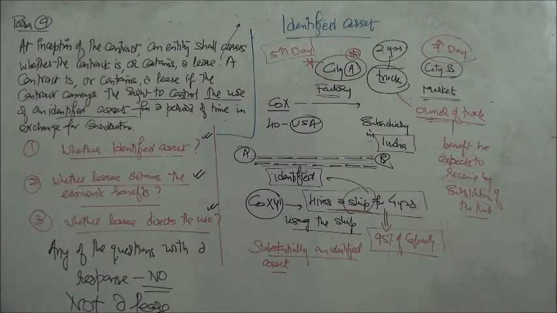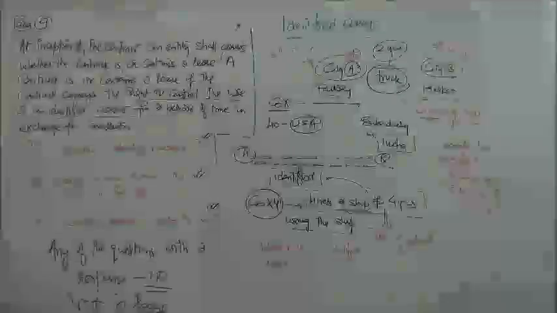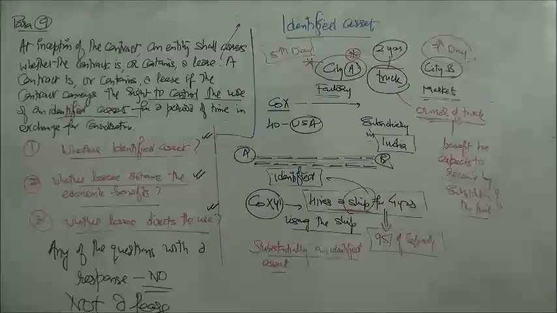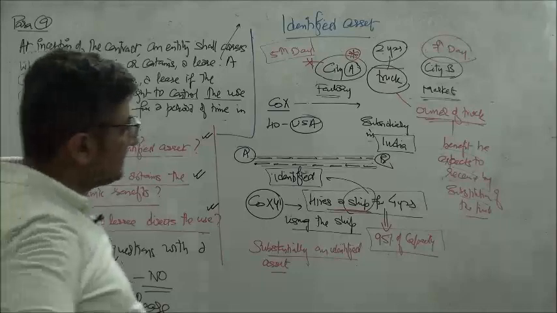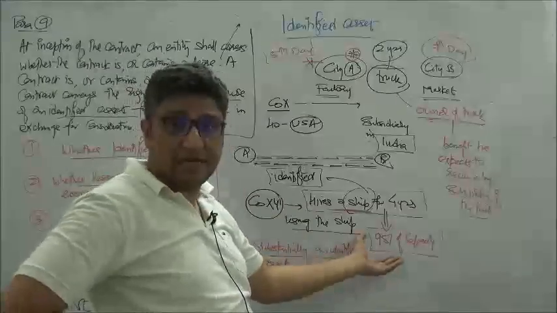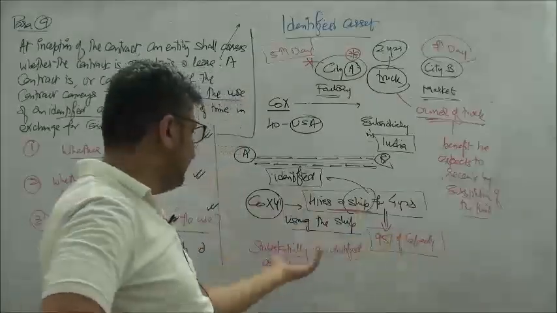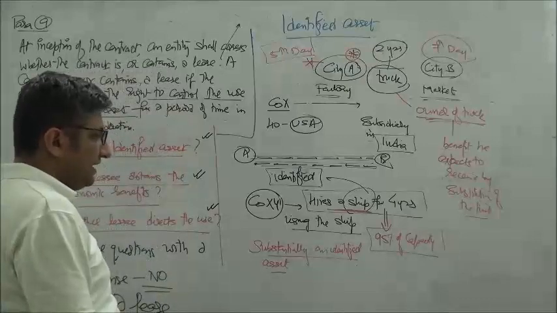Okay, here we bring that perspective of whether that specification, identification of the capacity can be done here. We say if it is substantially covered, then yes, it would be the case of an identified asset.